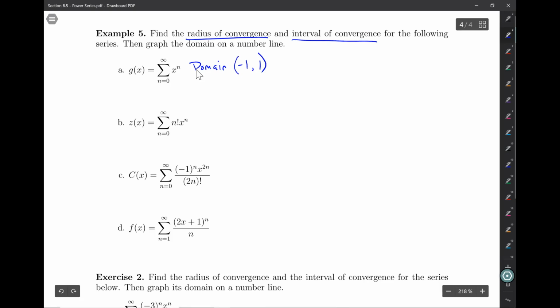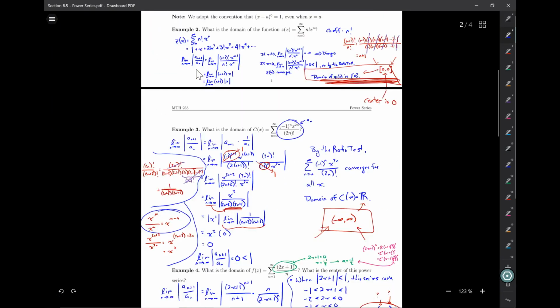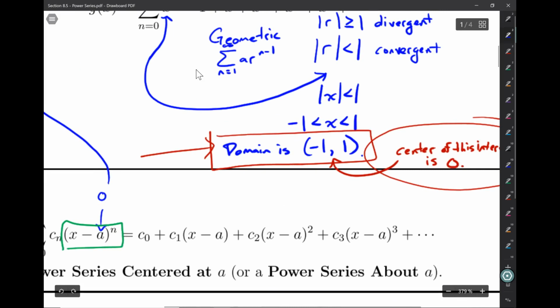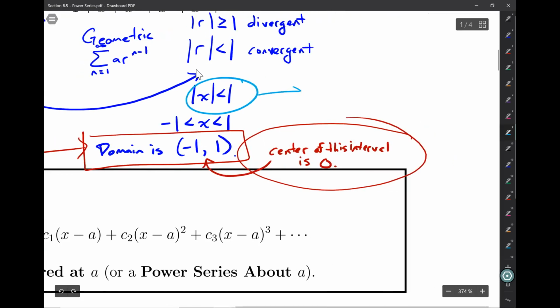This was born from having the absolute value of x less than 1. When the absolute value of x is less than 1, this is really the same as saying the absolute value of x minus 0 is less than 1. The only reason we write this is that we want to include some idea of a center. In this case, our center is 0, because the absolute value of x is the same as the absolute value of x minus 0.